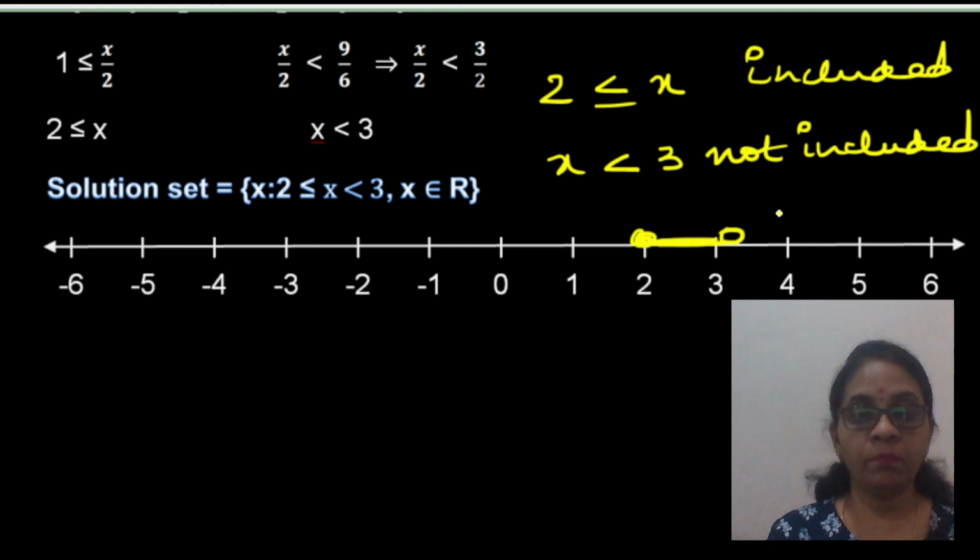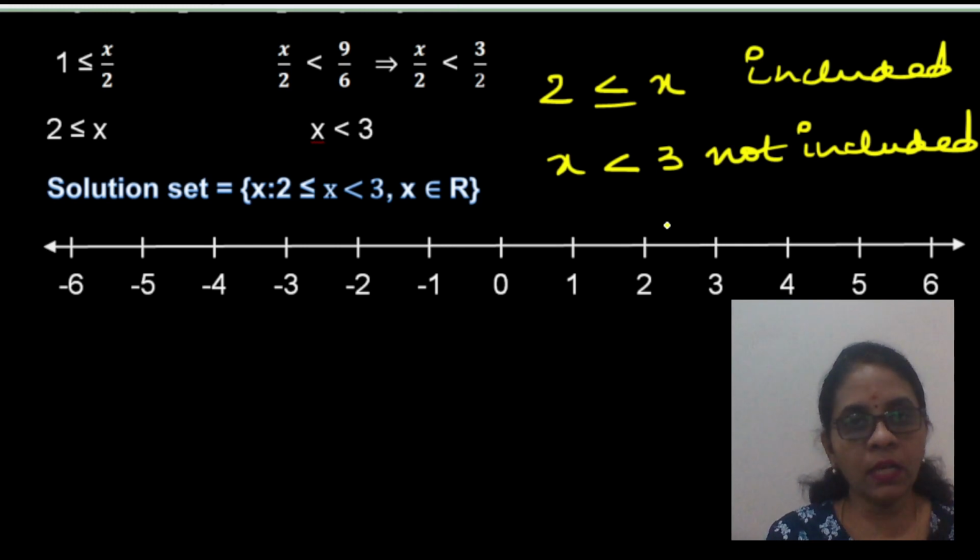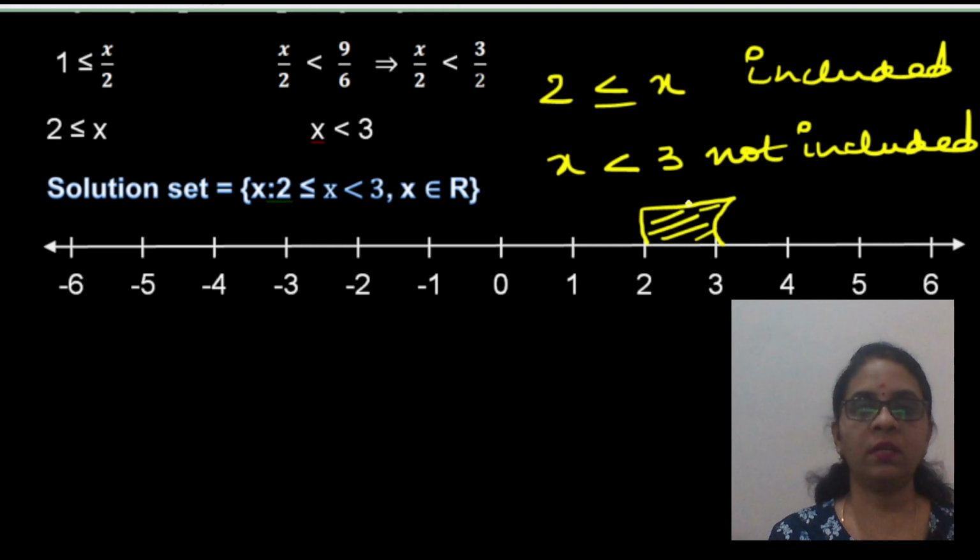In some books, generally in most of the books, they show it in this way. They show included as a straight line, not included as a curved line, and then they shade the region in between.